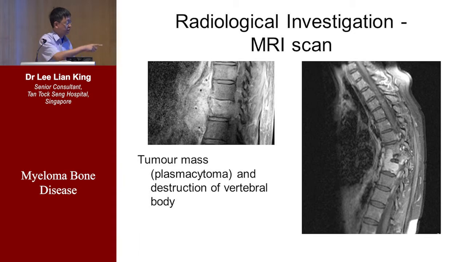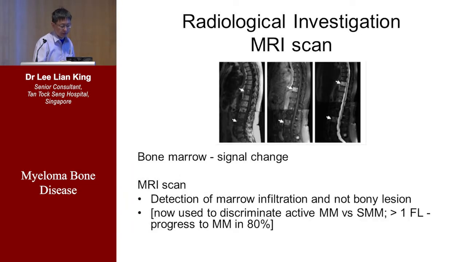The picture on the right side shows infiltration by plasma cells causing quite extensive damage to the vertebral body. Already the back has kyphosis. And another scan shows infiltration of the bone marrow, with signal changes.